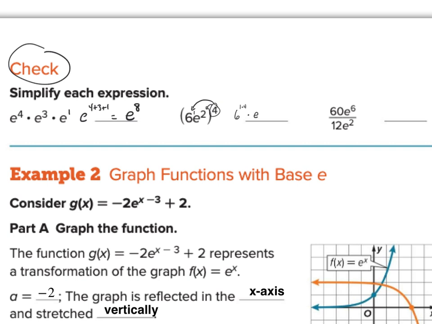And then we have e to the 2nd times 4, so we have 6 to the 4th, e to the 8th, which is going to equal 36 times 36, or 6 to the 4th, is going to be 1,296 e to the 8th.